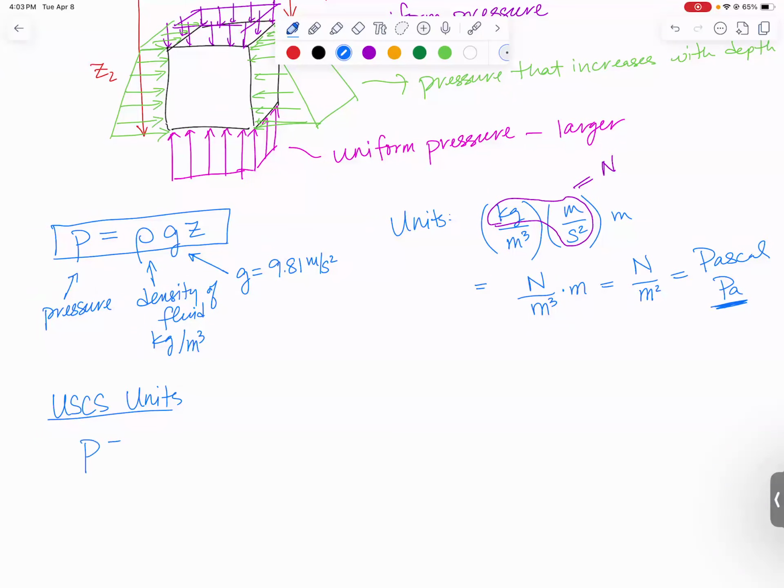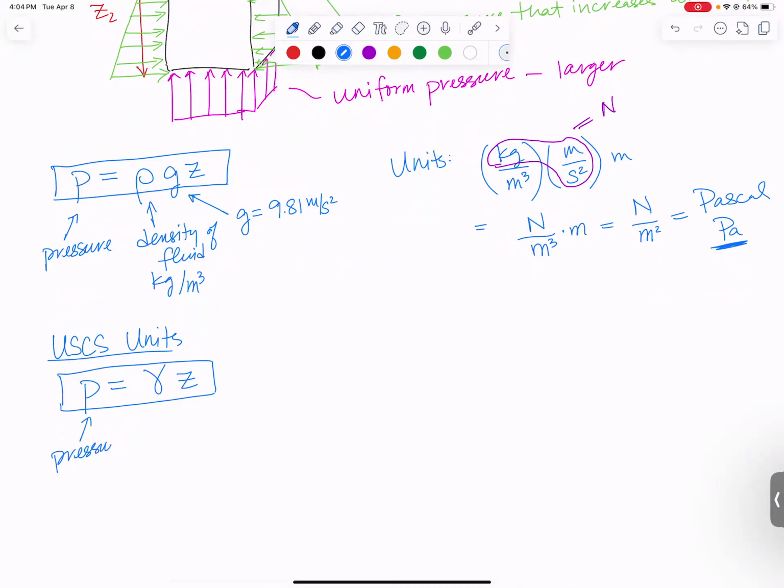So the equation is going to look like this. Pressure is this thing that we're going to use a Greek letter gamma for times Z. P is still pressure. Z is still depth below, but what gamma is it's called specific weight. It is not density.